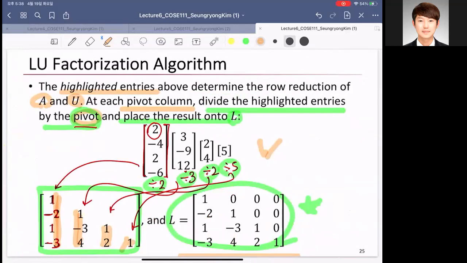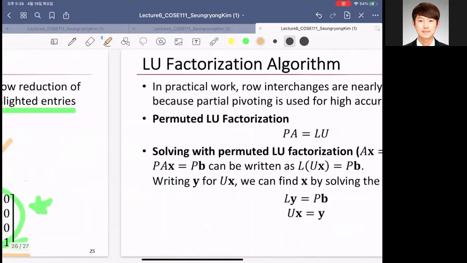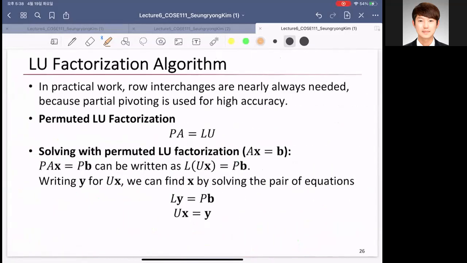Any question? No? Right. And so far, we just assume our matrix A requires only row interchanges in the row reduction algorithm to row reduce to the echelon form.